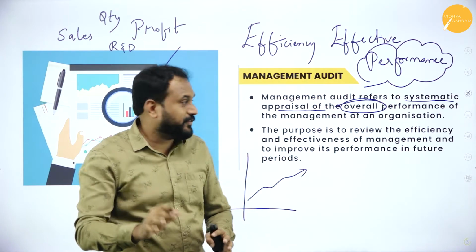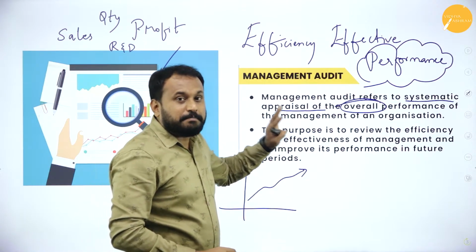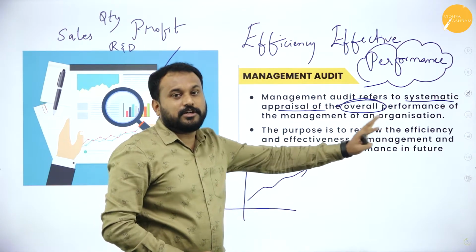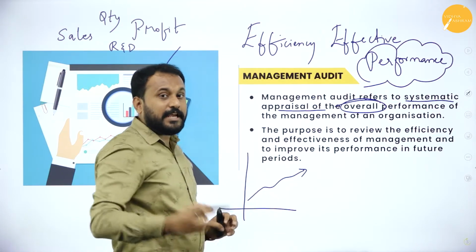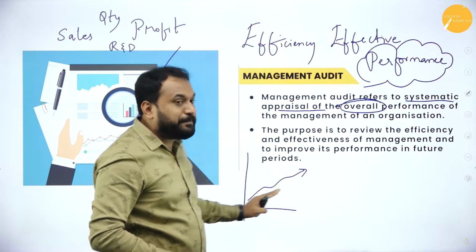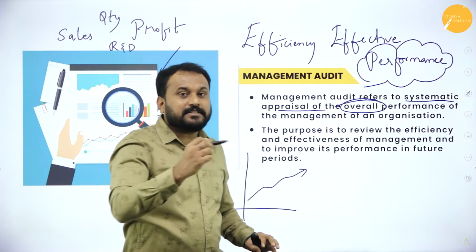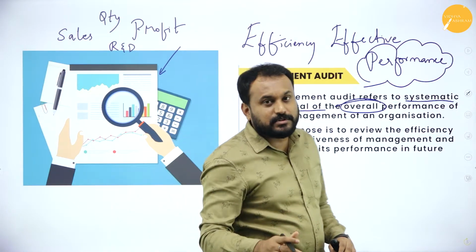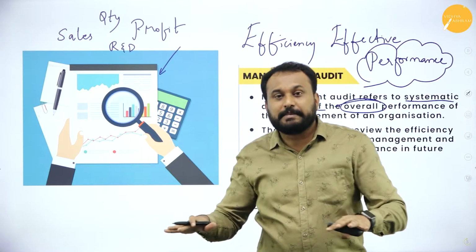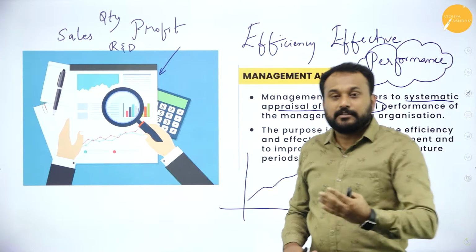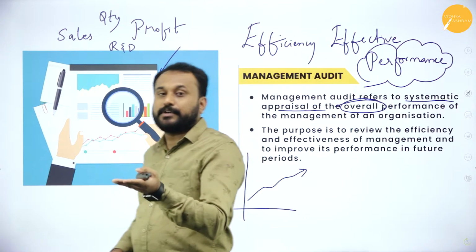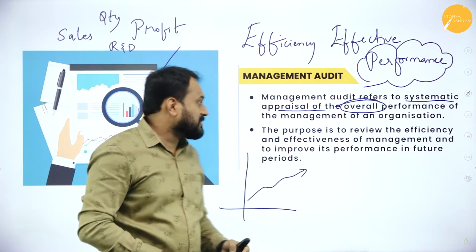They will feel whether the management performance is good or not. They will get to know with the graph, and it is systematic appraisal. If management isn't doing good, you are supposed to end or dissolve the management and recruit more people so that your management should be proper. Now this is what you are supposed to know.